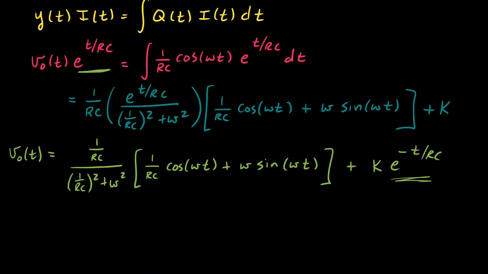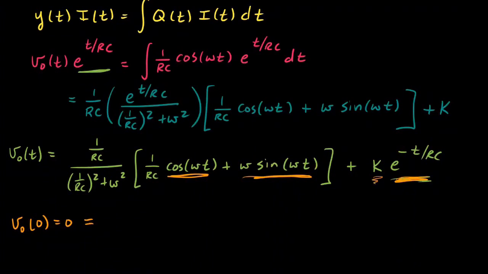Okay, so now we're going to talk about our initial conditions, right? We're going to say v naught, or v out of t of 0, equals 0, and that's going to equal, so what happens for t equals 0? Well, we know that this expression is going to go to 1, this expression is going to go to 0, right? And then this part of the expression is going to go to 1, so we're just going to be left with a k.